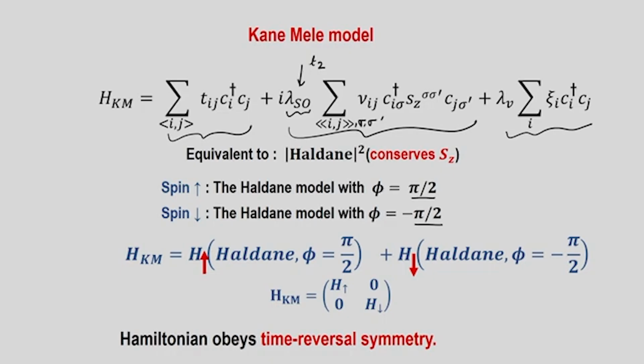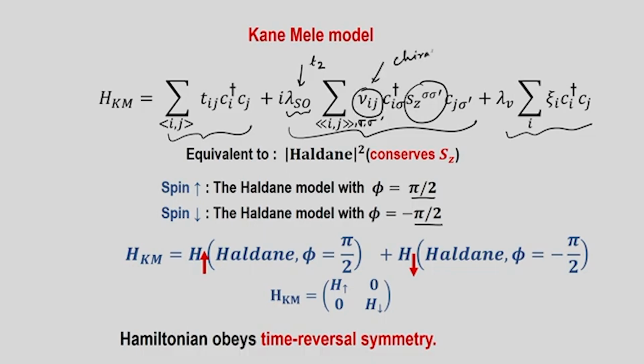This term without the sigma sigma prime would have been just the normal Haldane model, but now you see that this part is taken into account, that is the spin Sz is taken into account, and this is of course the chirality. Okay.